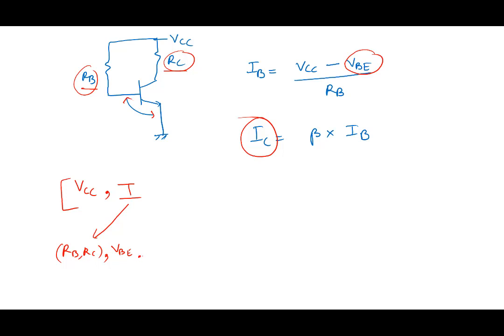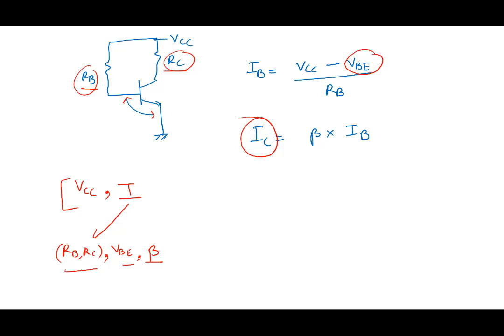Temperature causes beta to change. Beta in general increases with temperature. So temperature has all these effects that you see here, right?